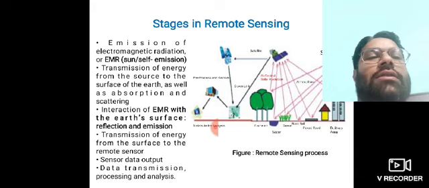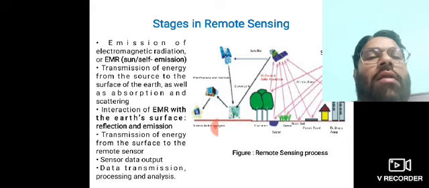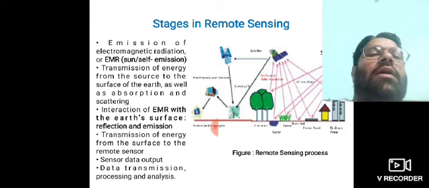Once the energy reaches the Earth surface, it gets reflected back and emitted back. Then transmission of energy from surface to the remote sensor. After reflecting back from the Earth surface, it again passes through the atmosphere and reaches the sensor. The sensor records the data, it gives the output, and that data is then transmitted to the lab, where it is processed and analyzed.